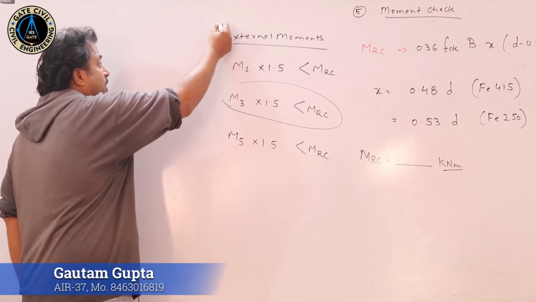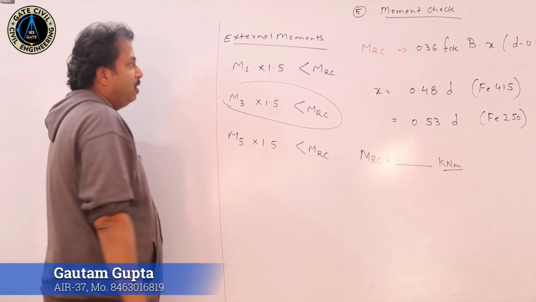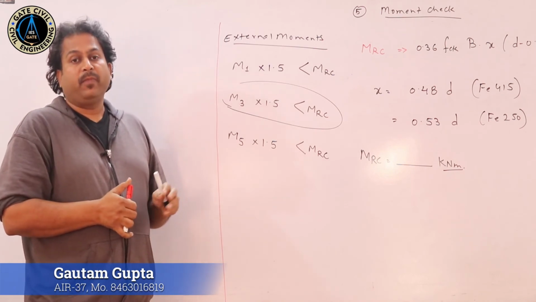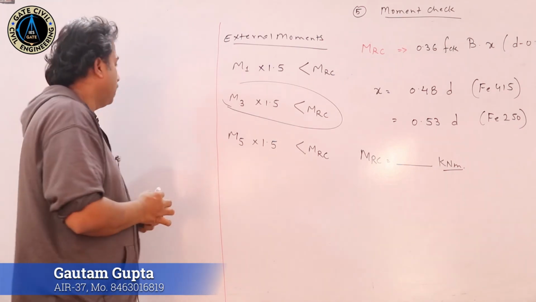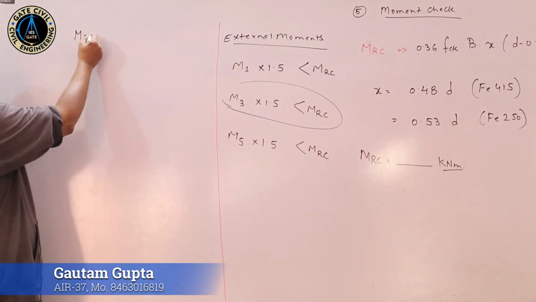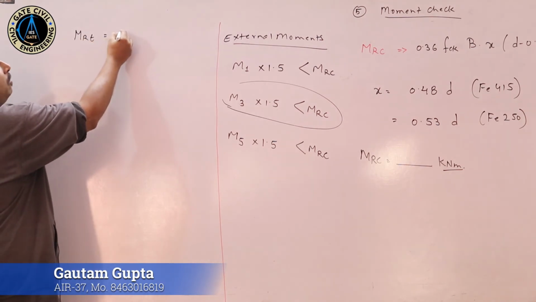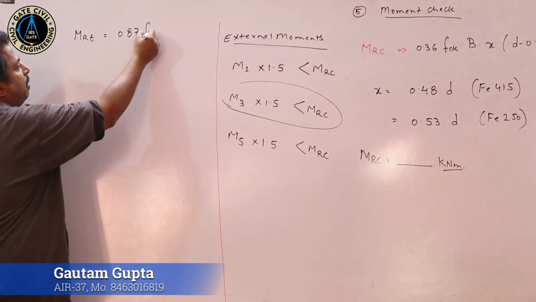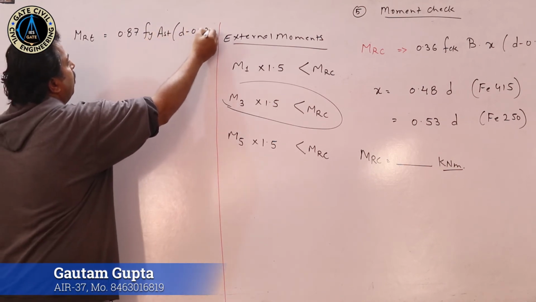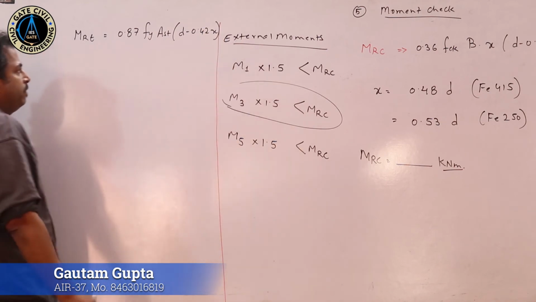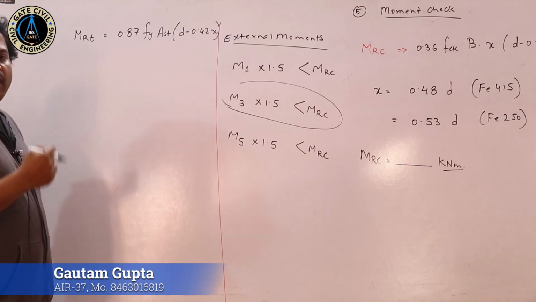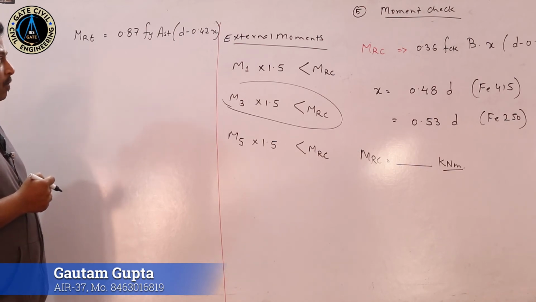Now, based on the external moments which are actually acting on the footing, we will be calculating the reinforcement also. So the reinforcement is calculated by the formula MRT equals 0.87 Fy AST (d minus 0.42 X). Now, the value of AST that we need to calculate is the area of the tensile steel.